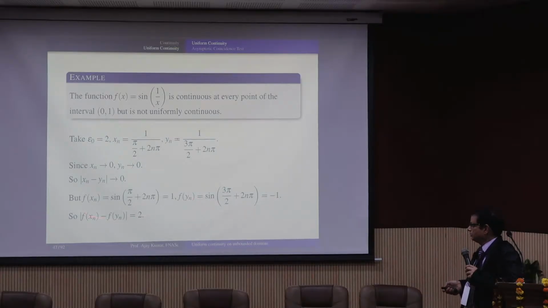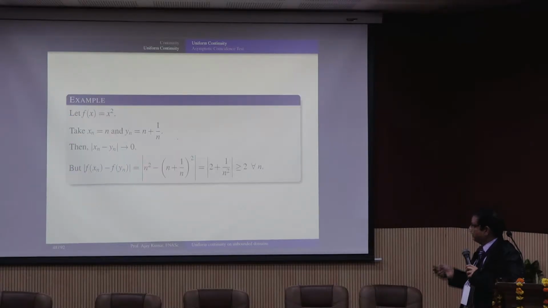If you subtract them, it is 2. So this function is continuous at every point of the open interval 0, 1, but not uniformly continuous. Say f of x is x square; graphically we have seen it, but analytically you can take xn to be n and yn to be n plus 1 by n.